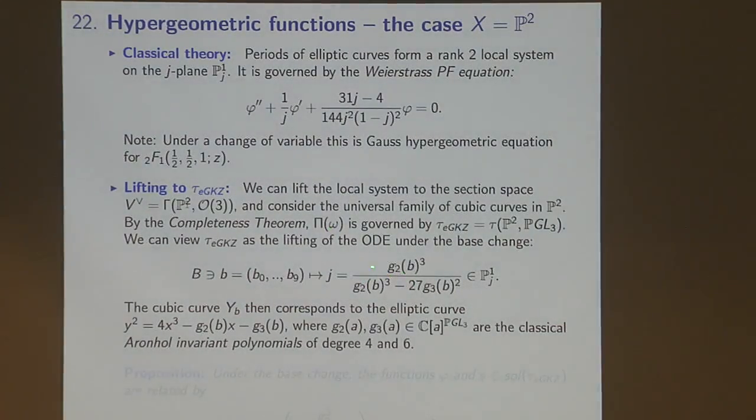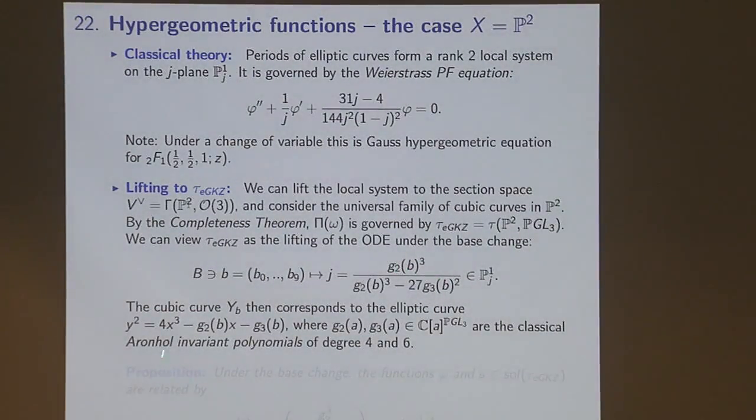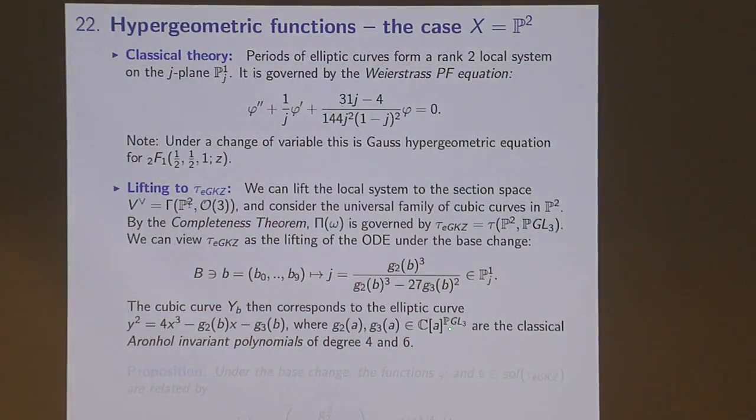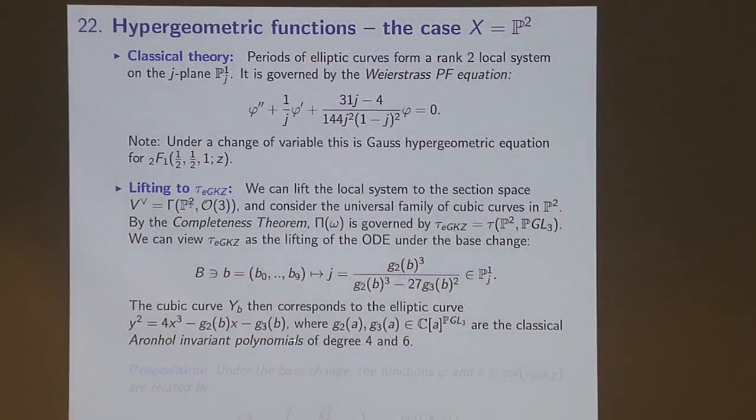Now, what is this G2 evaluated at B? Okay? Well, that's given by the following. So you compute G2 of B and G3 of B as follows. So the cubic curve YB corresponds under this base change to the usual Weierstrass form given by this. So G2 and G3 are nothing but the coefficients of the Weierstrass form.